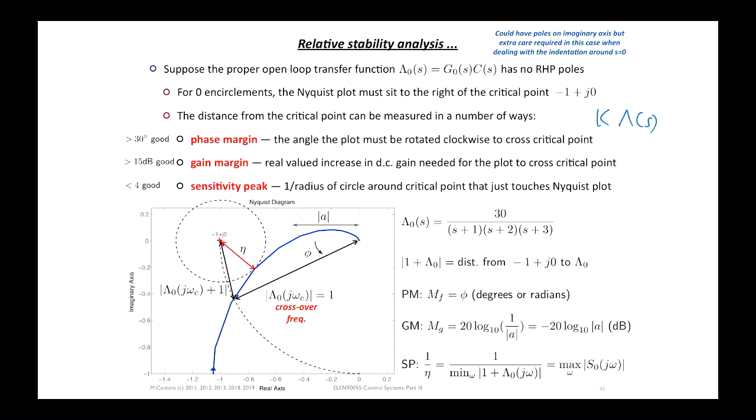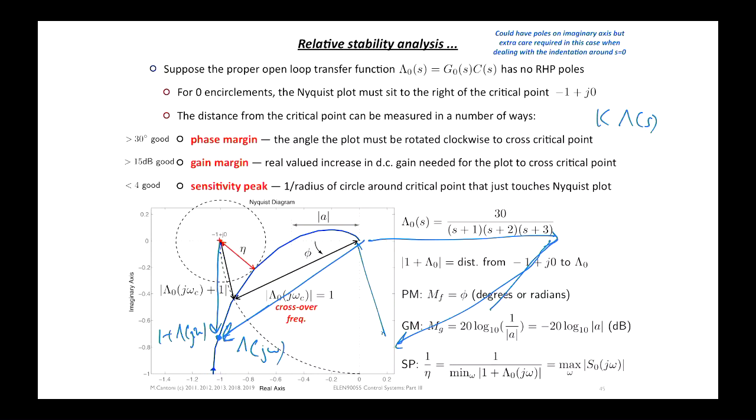Each point on here corresponds to lambda being evaluated at a particular frequency, right? So there's your little vector lambda, right? And this little vector here from minus 1 to here will be 1 plus lambda at that frequency, right? Because if we do 1 plus this vector here, we get a little vector like this.